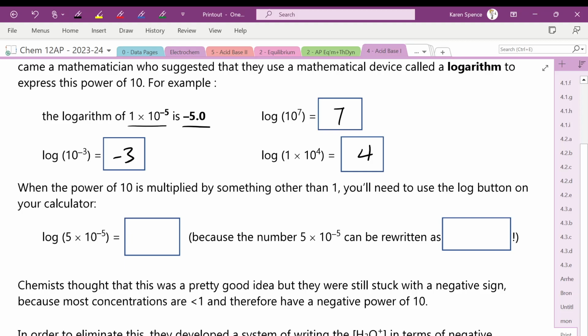You say, oh, look, on my calculator, there's a button that says log. So I'm going to type in log 5 times 10 to the negative 5. I would like you to try that on your calculator, please, to make sure that you know how to use your calculator with both scientific notation and your log button.